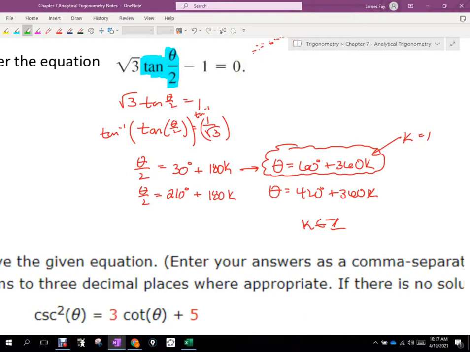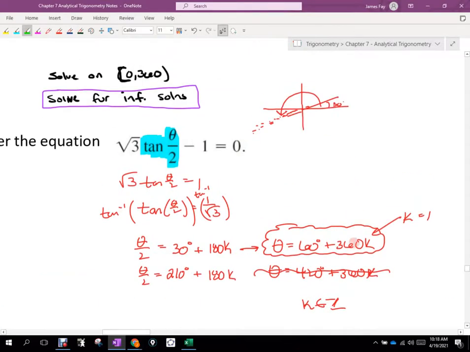So there's importance in being able to analyze that and say, okay, what do these two things mean? Do they ever repeat each other? So I'm going to get rid of that one. Okay, so that's the infinite solutions. Now what we're going to try to do is find the ones that are between 0 and 360. Well, if k is 0, we get 60 degrees, right?